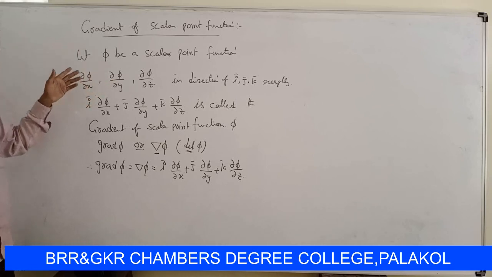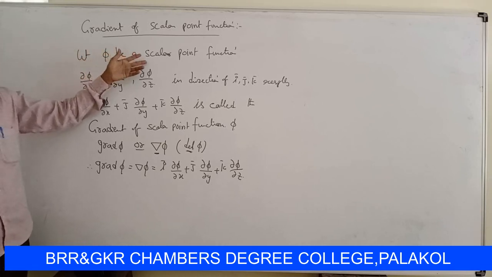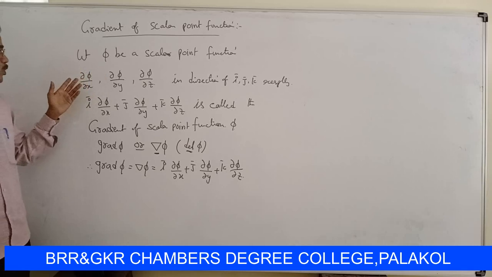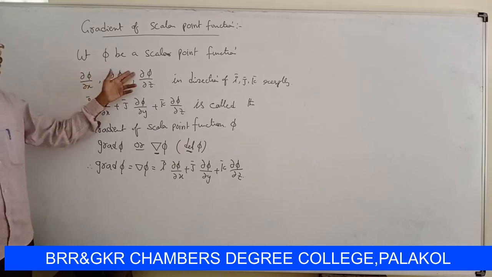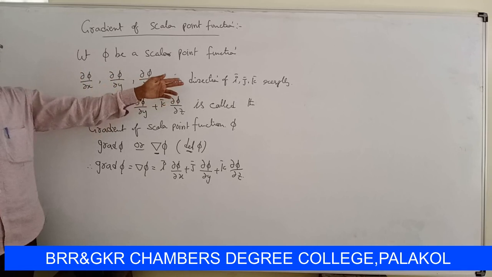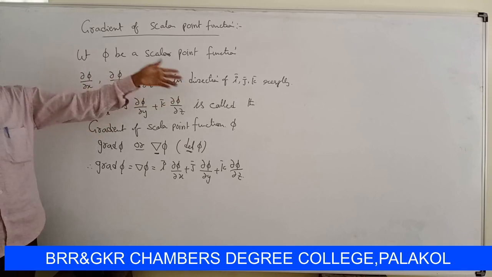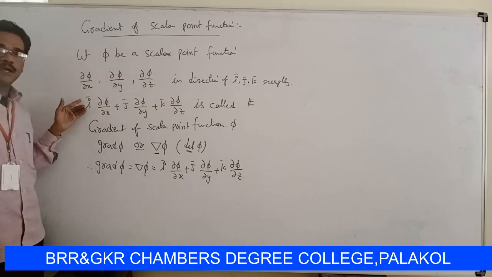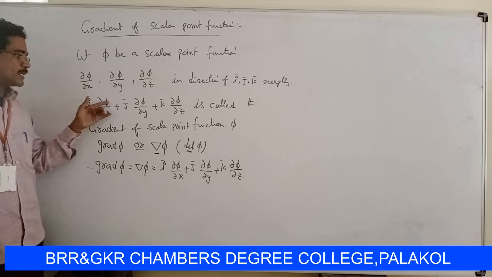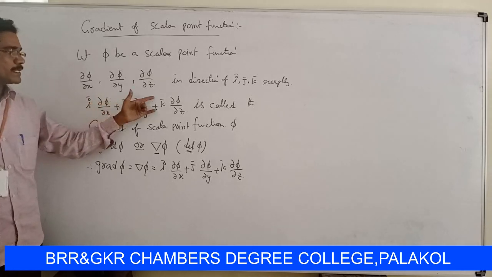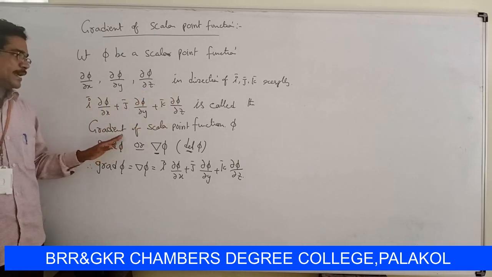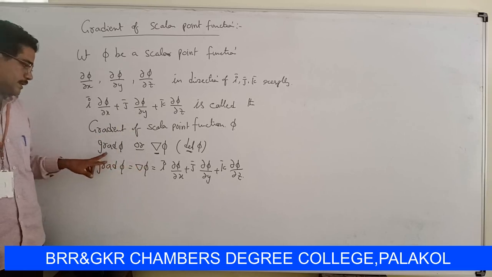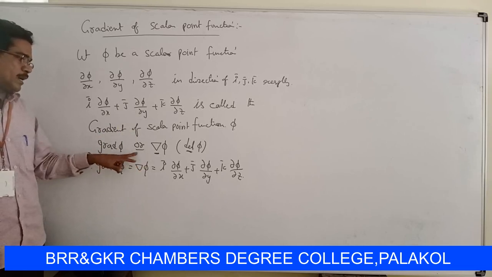So students, once again, let phi be a scalar point function with the derivatives ∂phi/∂x, ∂phi/∂y and ∂phi/∂z in the directions of i, j, k respectively. Next, the function i ∂phi/∂x plus j ∂phi/∂y plus k ∂phi/∂z is simply written as grad phi or del phi.